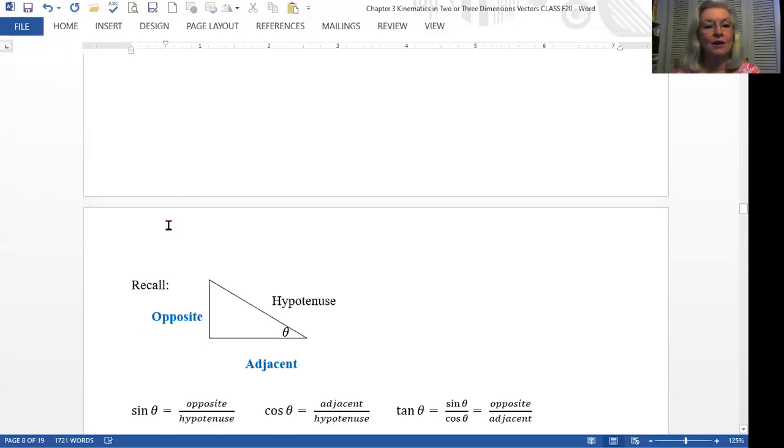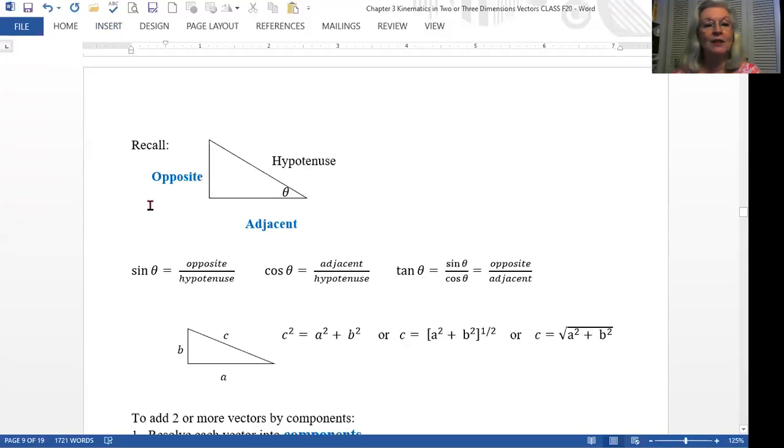So let's remember what the hypotenuse is. I know you know, but we're going to refresh your memory. Here we have our right triangle, and in this lower corner is the angle theta. The hypotenuse for a right triangle is always the longest side, and then opposite and adjacent are picked based on where theta is.